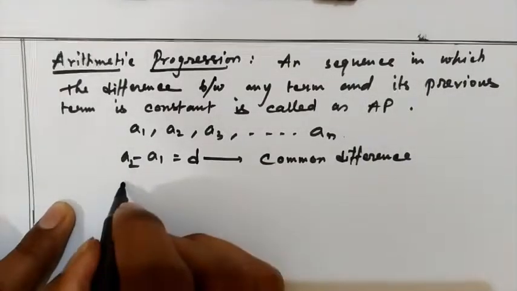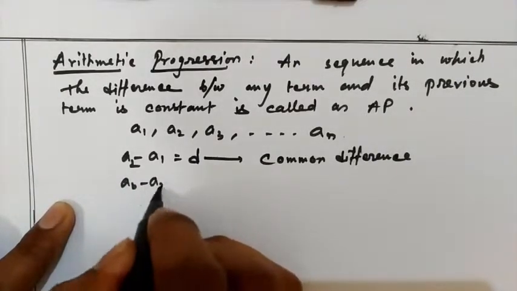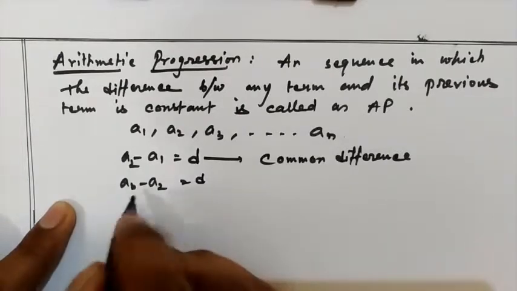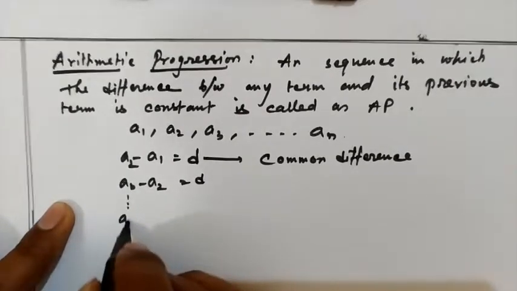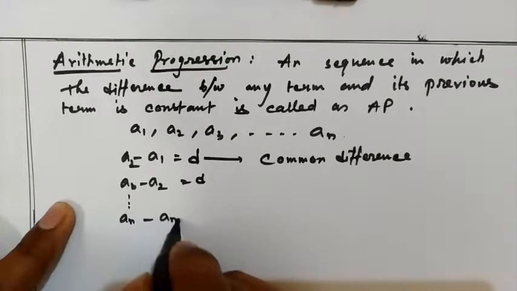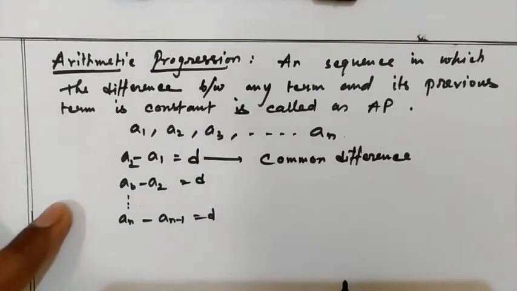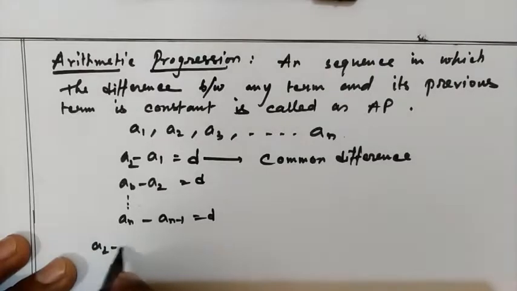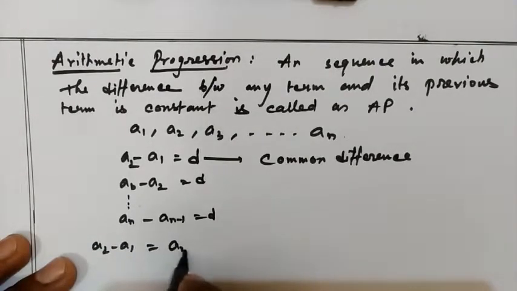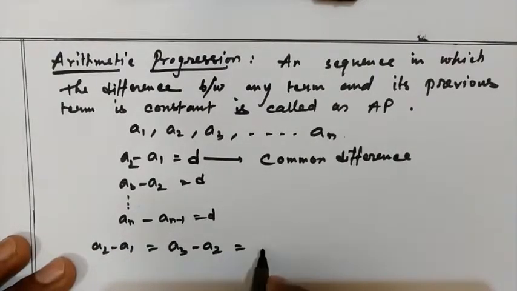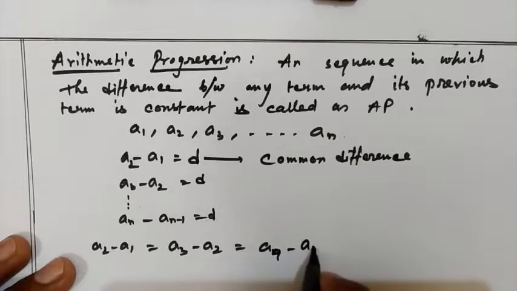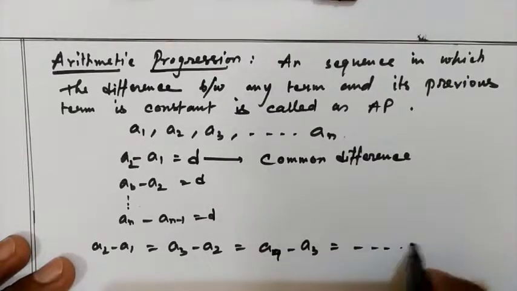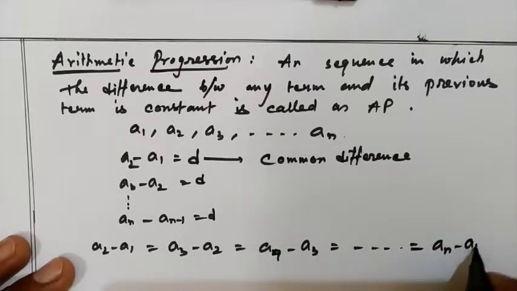Also, if we take the difference A3 minus A2, that is also D. In this way, An minus An-1 is also D. So we can write A2 minus A1 is equal to A3 minus A2 equal to A4 minus A3 equal to An minus An-1.